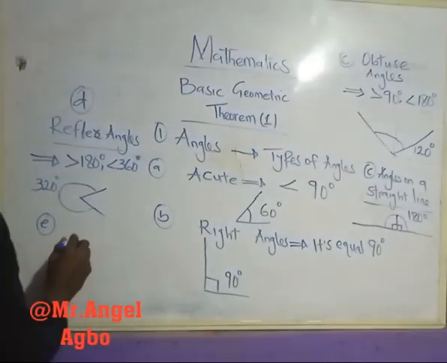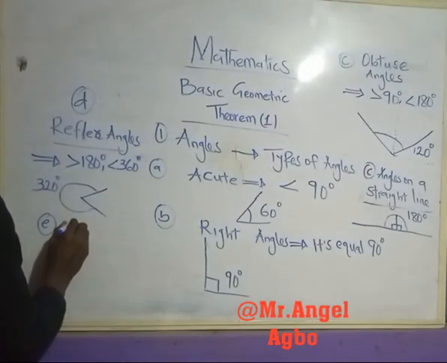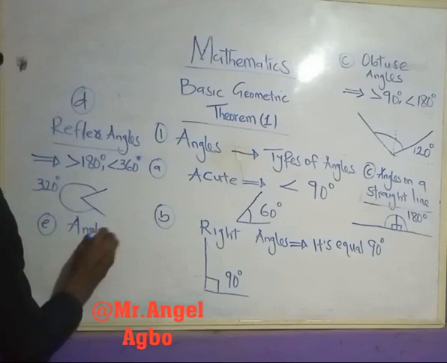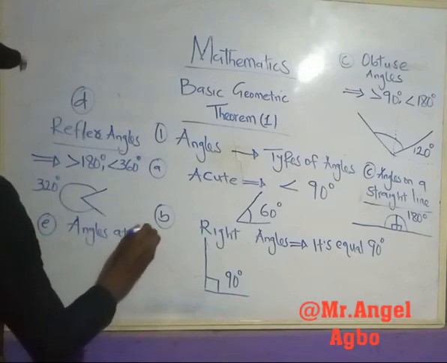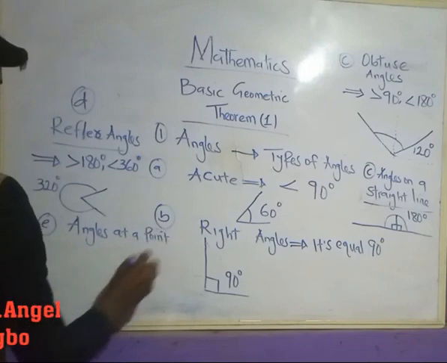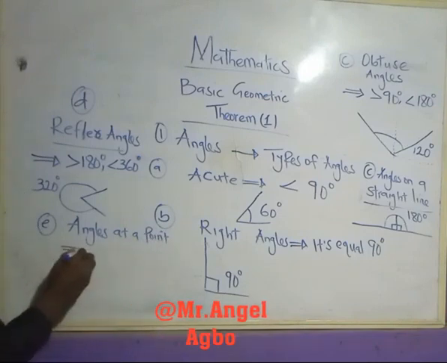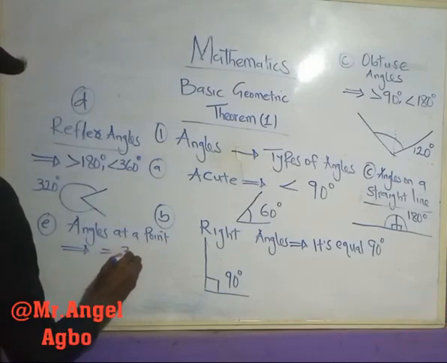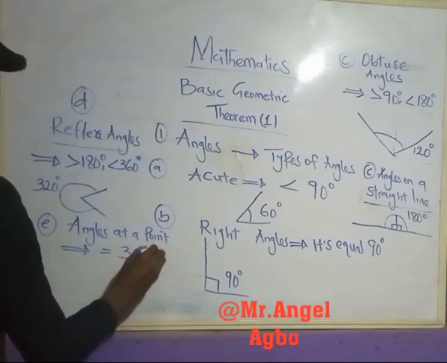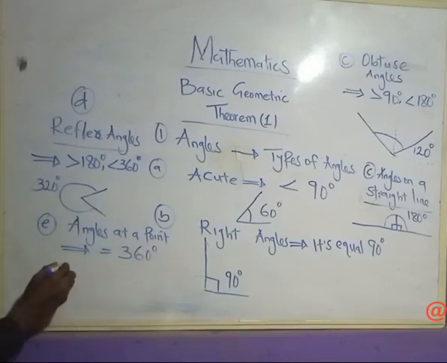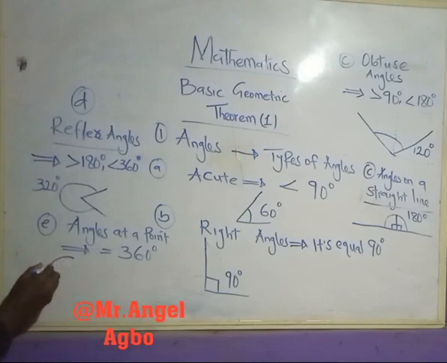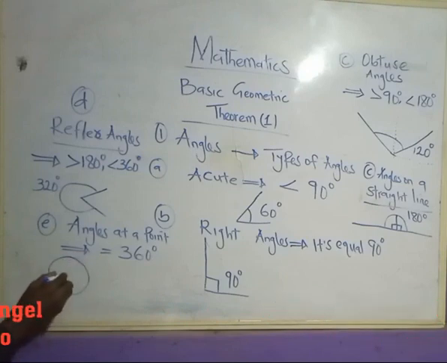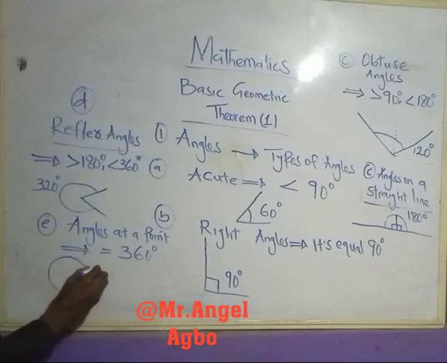So we have it this way. We can represent it by a circle and say it is equal to what? 360 degrees.